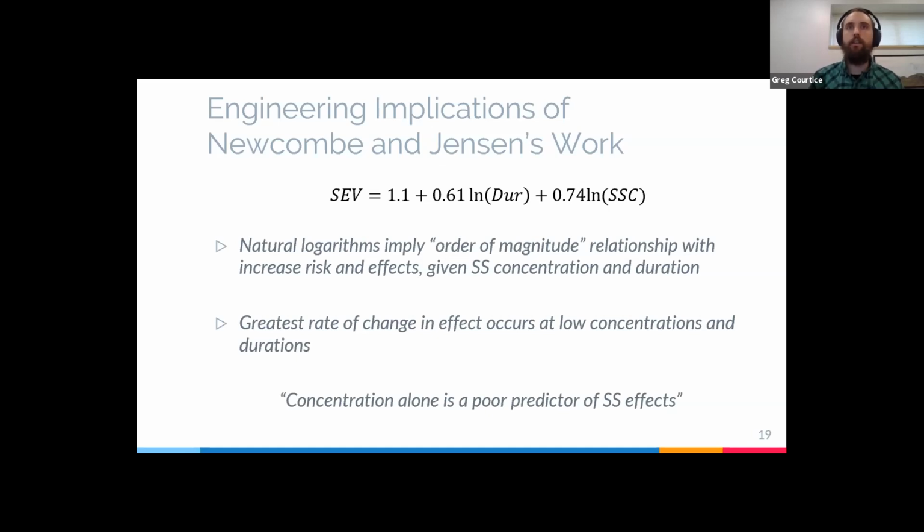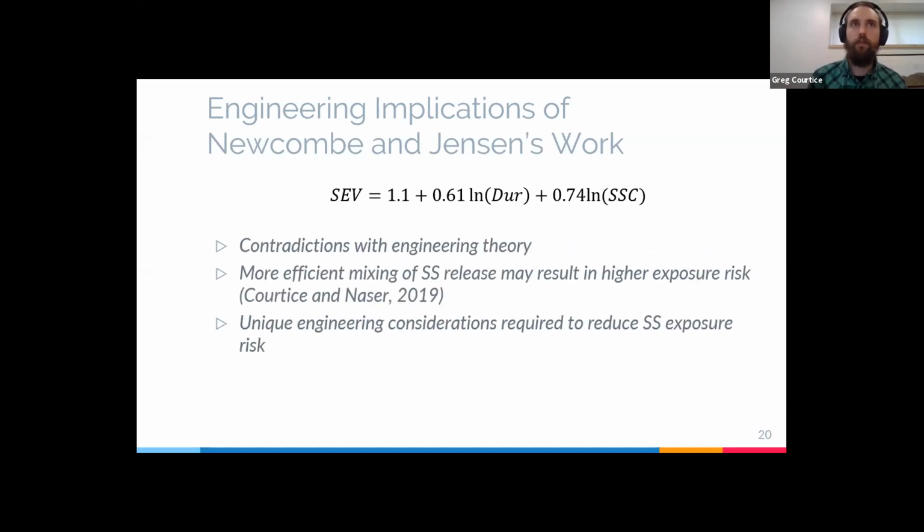So that's an order of magnitude analysis, is generally what that implies. So the greatest rate of change of effects is going to occur at low concentrations and durations. And importantly, concentration alone is a poor predictor of effects, and that's stated in many suspended sediment effect publications.